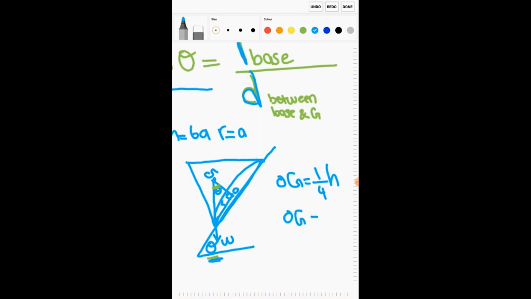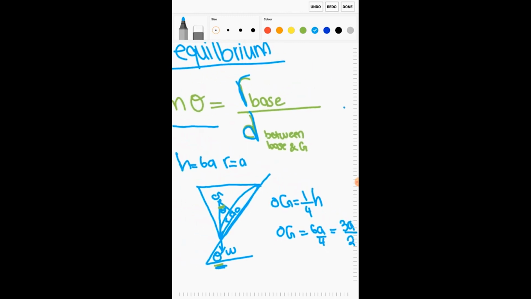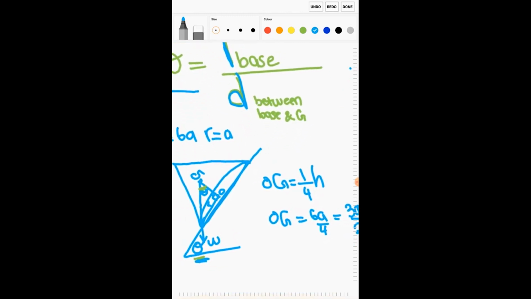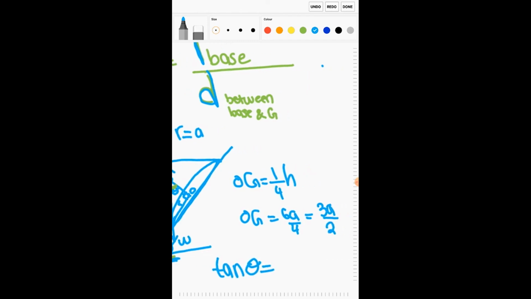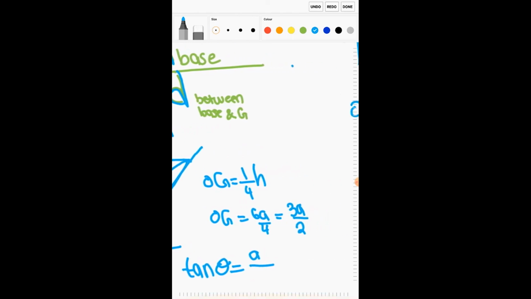OG would be 6a over 4, which is 3a over 2. And they told you to find theta when it's about to topple. So tan theta, because it's easier to find tan theta and then do shift tan. Tan theta would be opposite over adjacent. The opposite here is r, which is a, over the adjacent, which is this OG, which is 3a over 2.